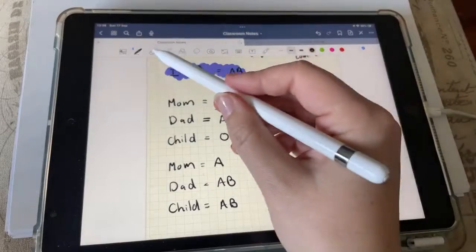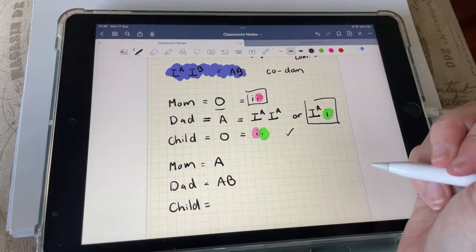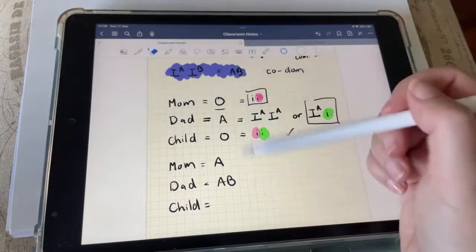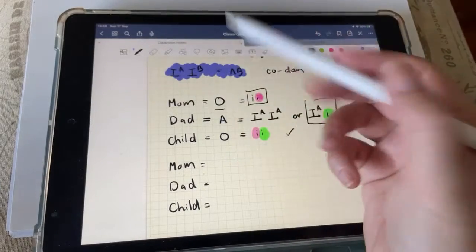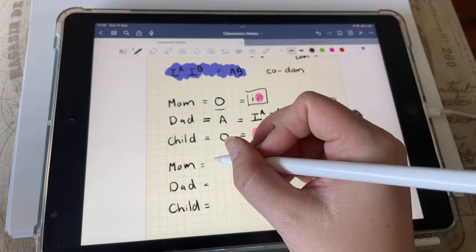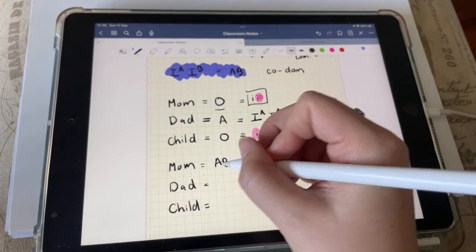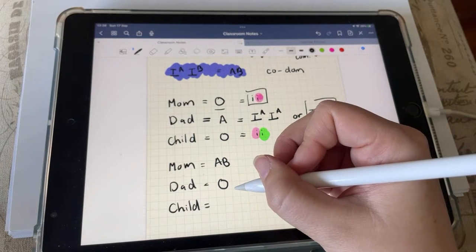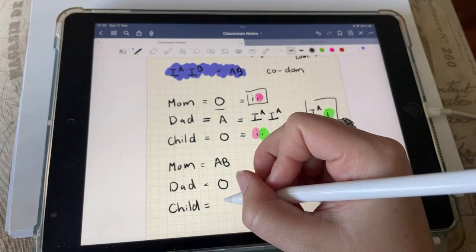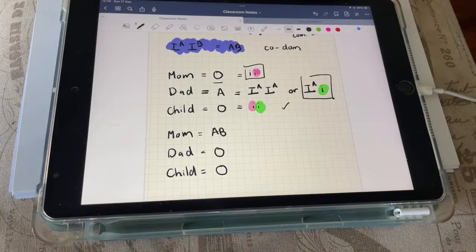Actually, let me change both the parents so I can show you when it's not the same. Let's do a different one. Mom is AB, dad is O, child is O.